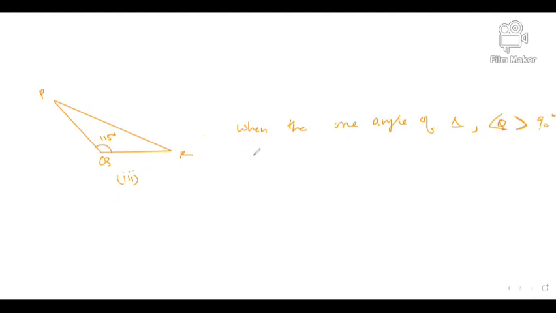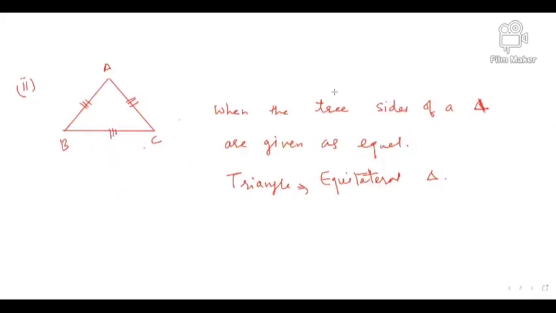So when one angle of a triangle is greater than 90 degrees, the triangle would be an obtuse angled triangle. Here is the answer. In the previous one, we would call it an equilateral triangle.